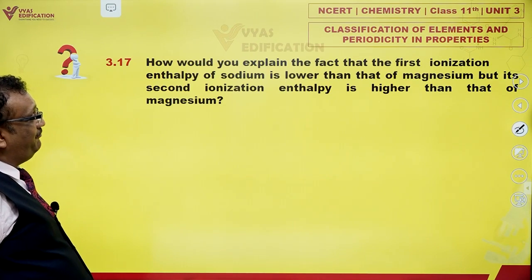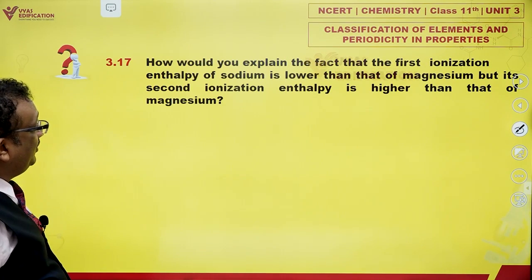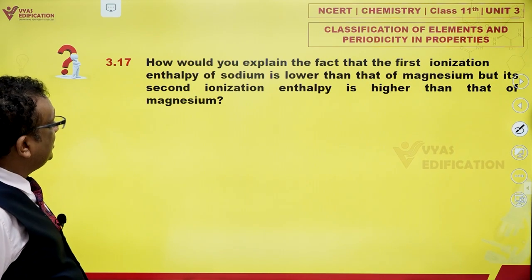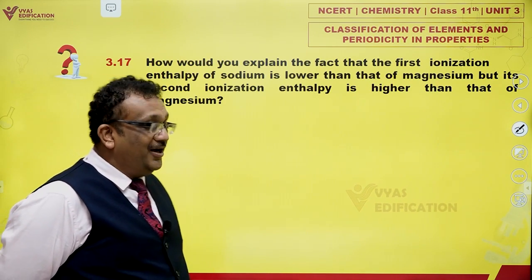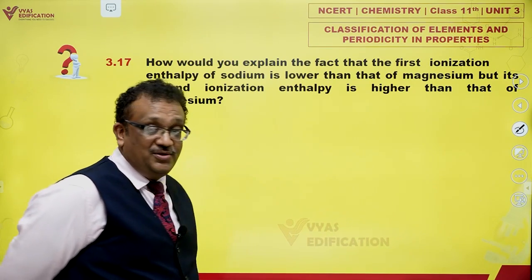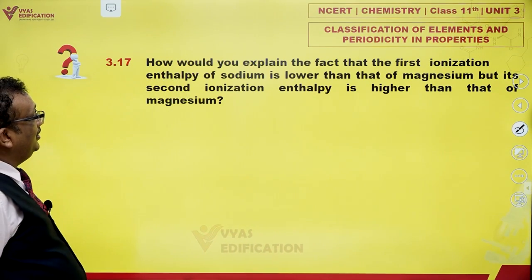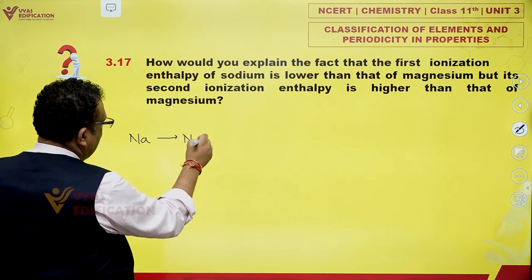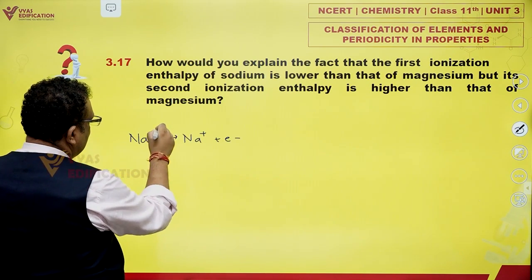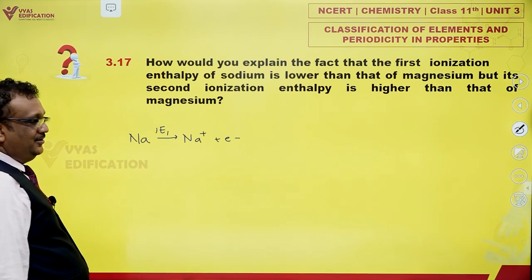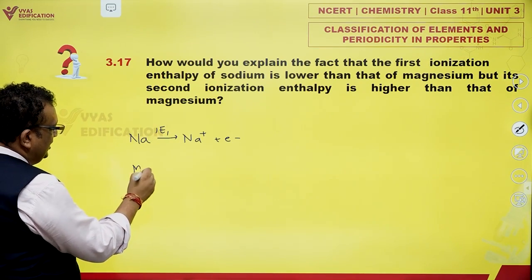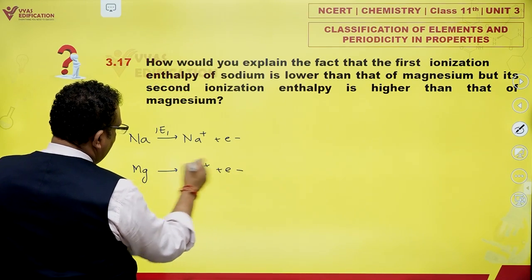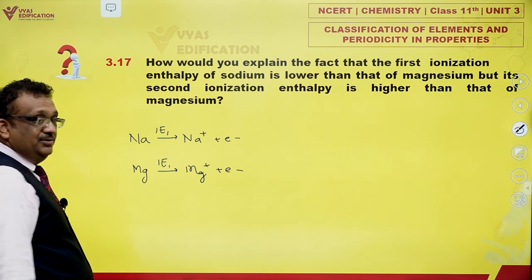How do you explain the fact that the first ionization enthalpy of sodium is lower than that of magnesium, but its second ionization energy is higher than that of magnesium? Okay. Now if I make Na to Na plus, this is IE1, and Mg to Mg plus plus an electron, this is IE1 for magnesium.